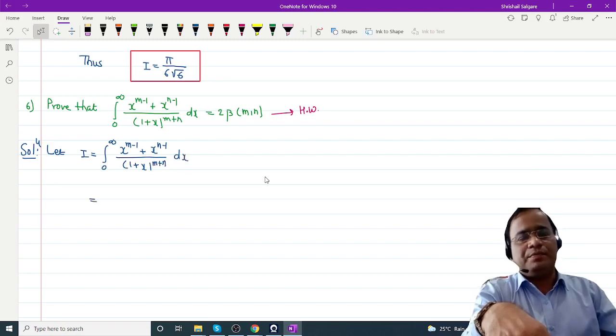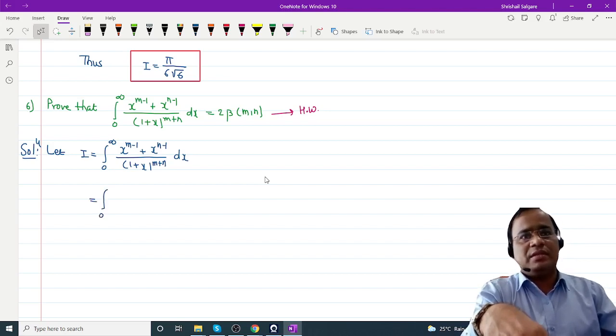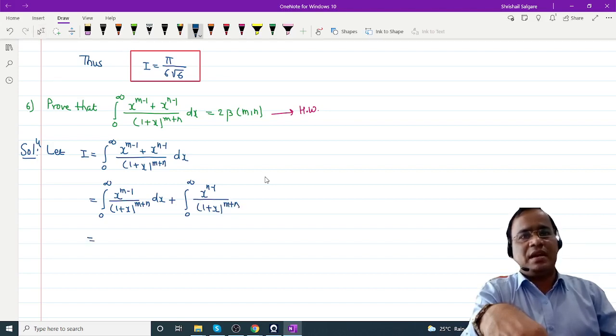So by the linearity property, I will write this integral as a sum of two: integral 0 to infinity of x raised to m minus 1 divided by 1 plus x raised to m plus n dx, plus integral 0 to infinity of x raised to n minus 1 divided by 1 plus x raised to m plus n. Suppose I call these two integrals I1 plus I2, and this is equation number 1. So what is your I1?